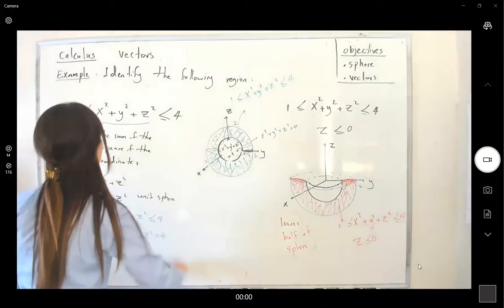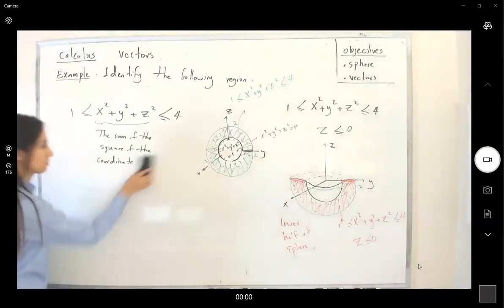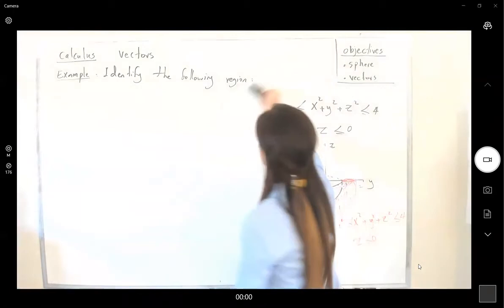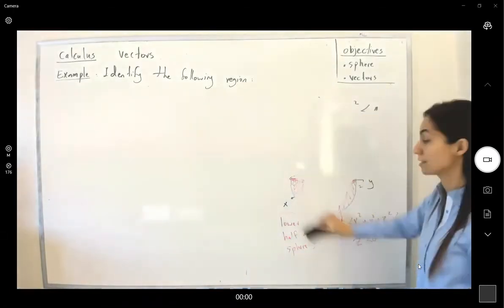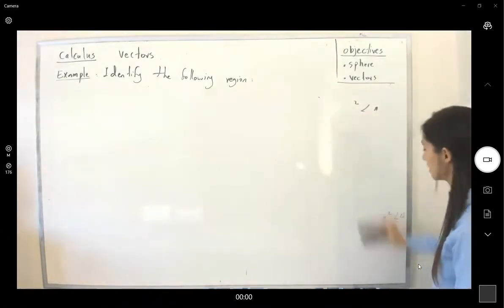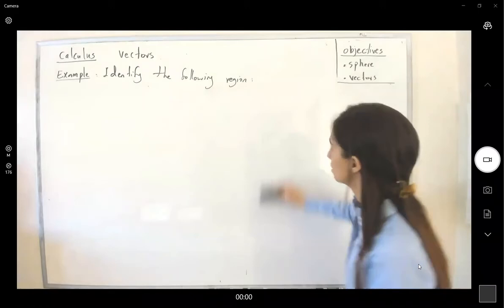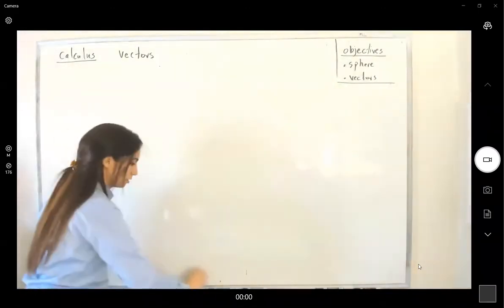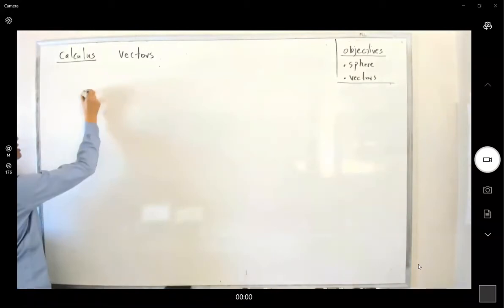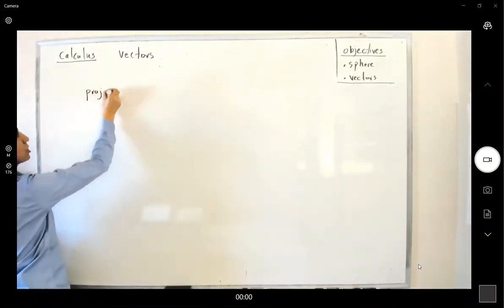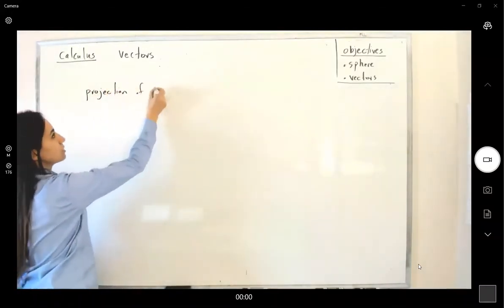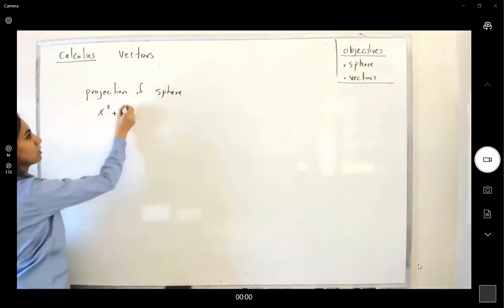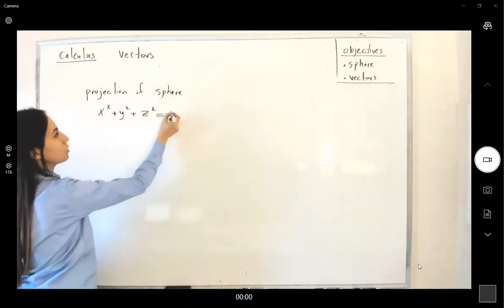So remember that these are regions or surfaces in this space. The projection of the sphere, like x squared plus y squared plus z squared equals 1.